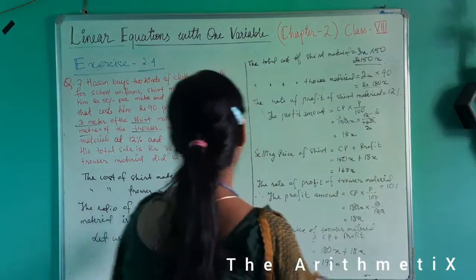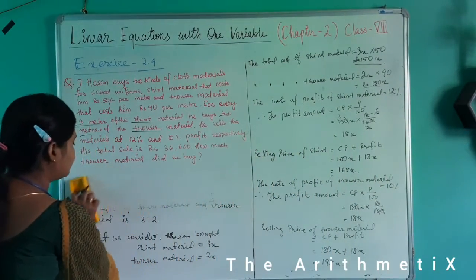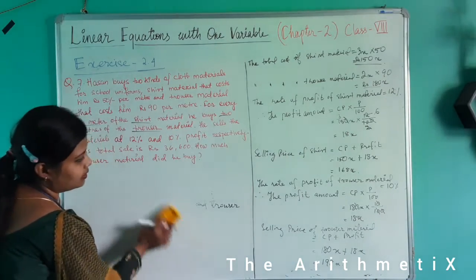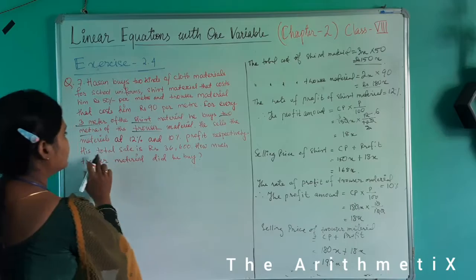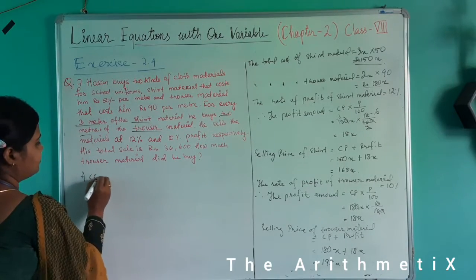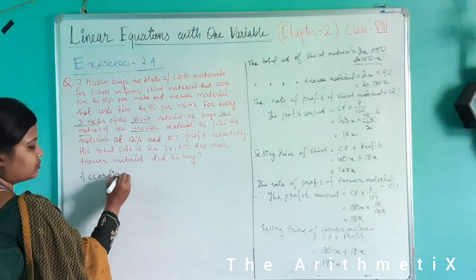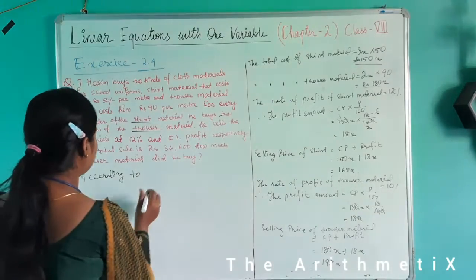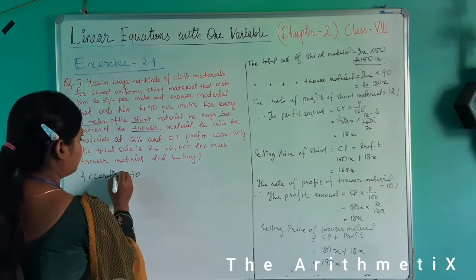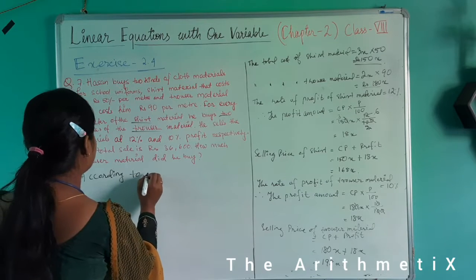Let me clear the earlier things, otherwise I don't have space on my board. According to the question, it is very easy, no? If you understand this once, it is very easy to remember. So learn it carefully, listen carefully.